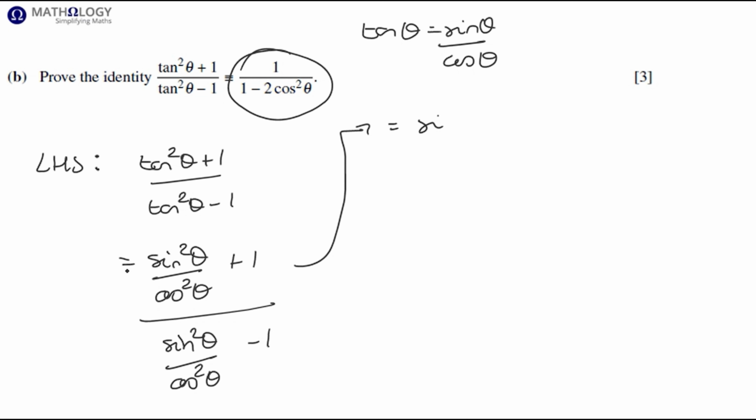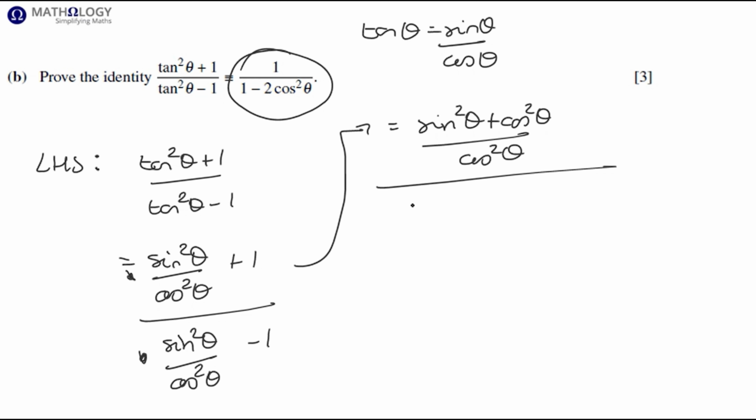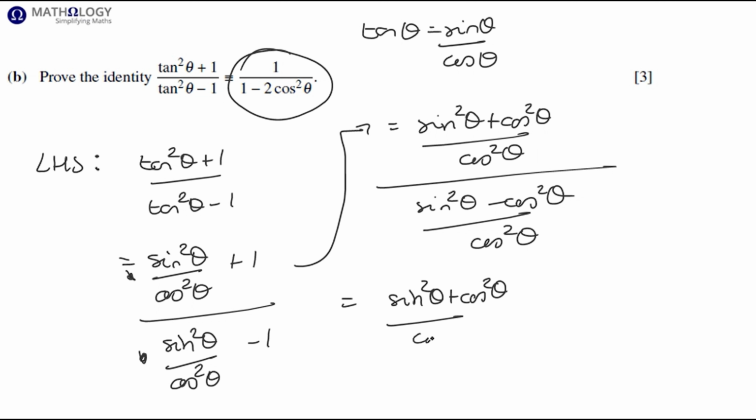Getting a common denominator for the fractions in the numerator, we'll have (sine squared theta plus cos squared theta) over cos squared theta, and likewise in the denominator we'll have (sine squared theta minus cos squared theta) over cos squared theta. We can now tip and multiply, so (sine squared theta plus cos squared theta) over cos squared theta times cos squared theta over (sine squared theta minus cos squared theta). Cos squared will cancel with cos squared.